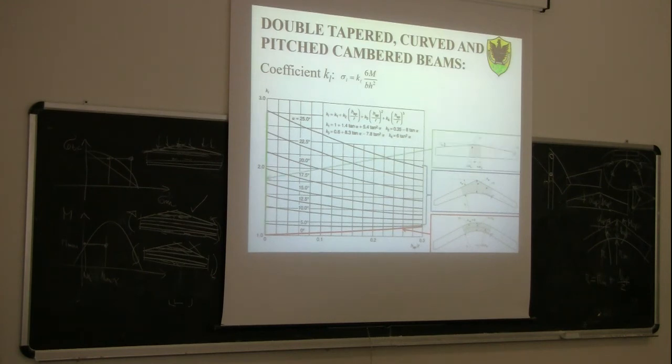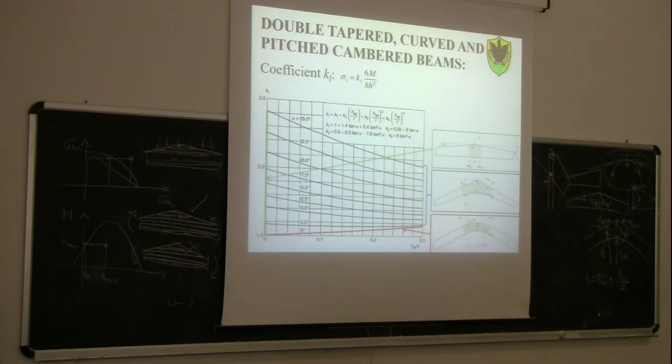Last case, if we have a double tapered beam, in this case we have to move along this green curve here, because HAP over R is equal to 0, since we have no curvature of the axis.